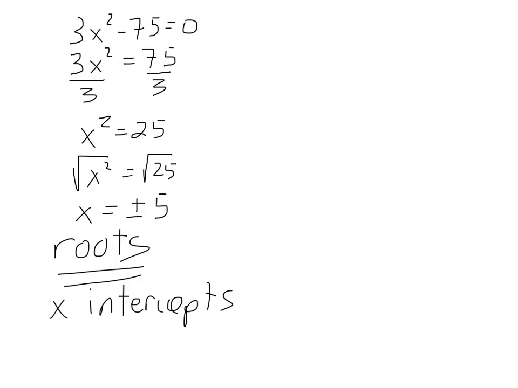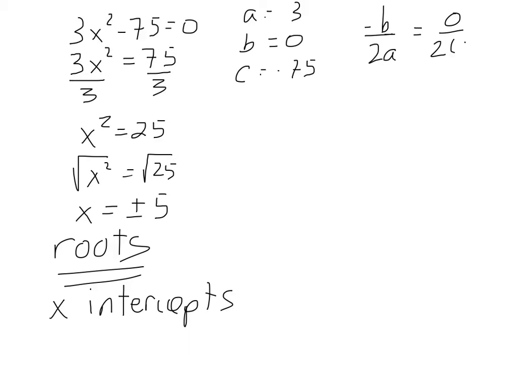All right, let's see what else we can find. Well, let's identify A, B, and C. A is 3, B is 0, C is negative 75. So my vertex is going to be at negative B over 2A. So I have 0 over 2 times 3 equals 0. So the x value of my vertex is 0.